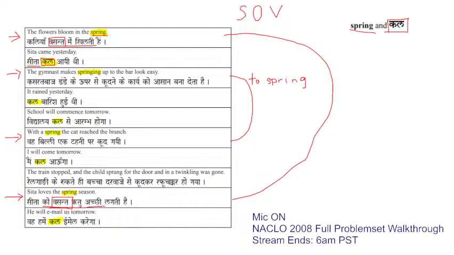The gymnast makes springing up to the bar look easy. So the gymnast looks easy, and then springing up to the bar will be somewhere here. Hold on. Sita loves the spring season.